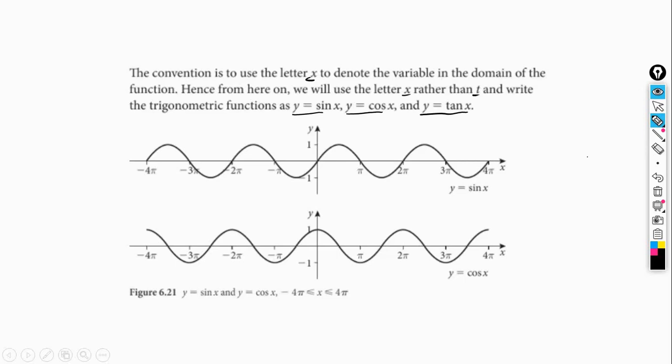First of all, notice that the sine function has a maximum value of y equals 1 for all x equal to pi halves plus a multiple of 2 pi, where in this case k is an integer, right? And you can see that the minimum value for the sine function is y equals -1, and this occurs for every x that is equal to minus pi halves plus a multiple of 2 pi.